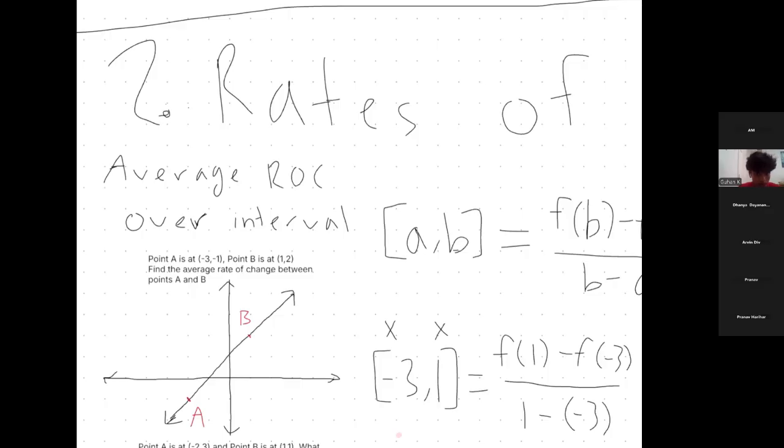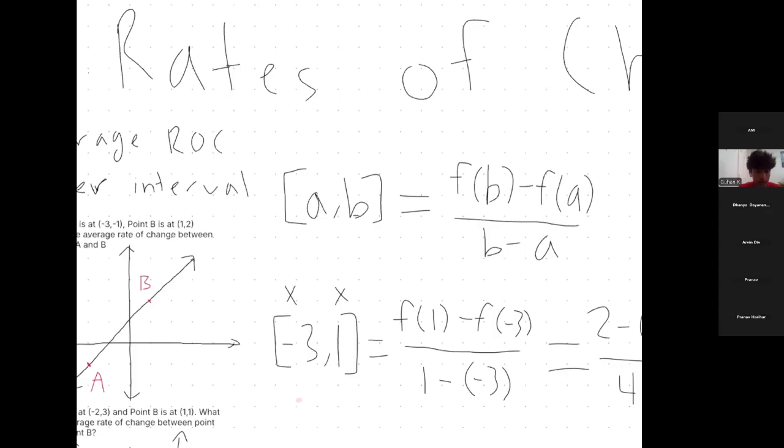Okay, now f of 1, now we're just plugging in our formula, right? Our A value is -3 and our B value is 1. So f of 1 minus f of -3 over 1 minus -3.